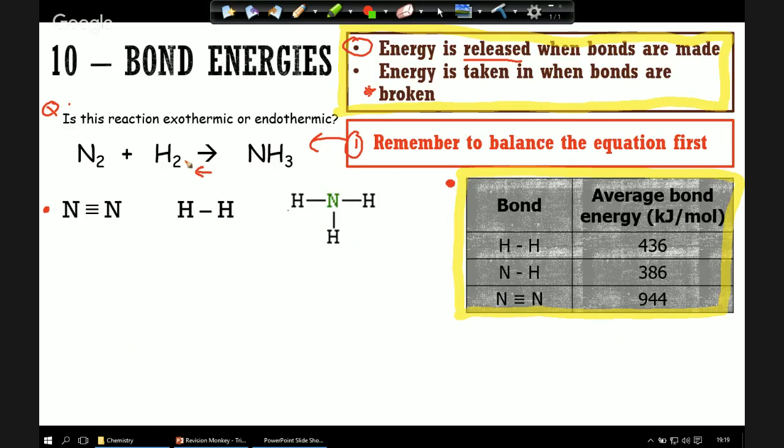Remember to balance the equation first before you do the rest of the calculation.